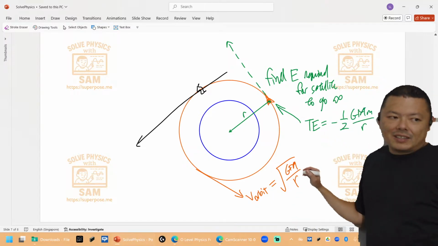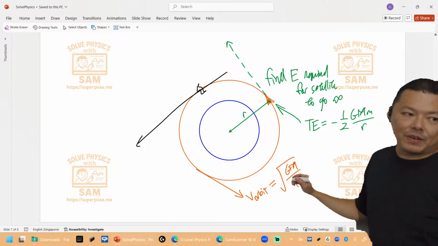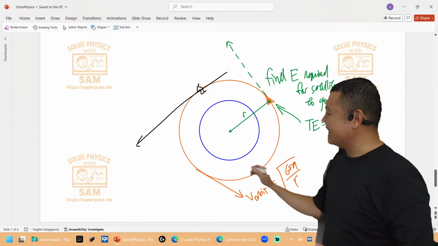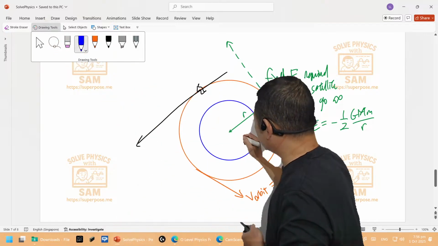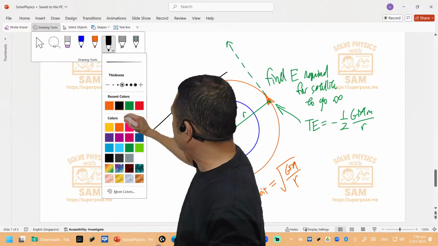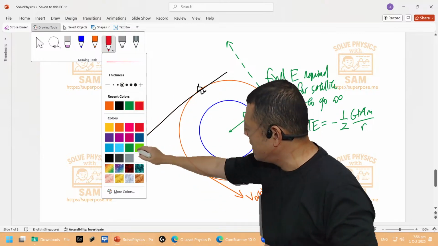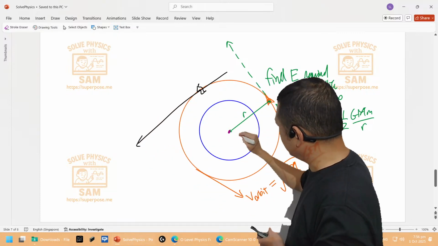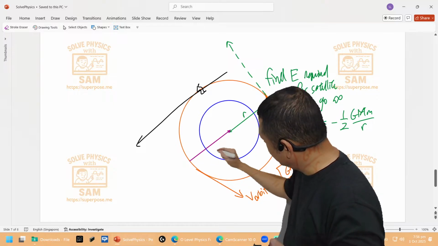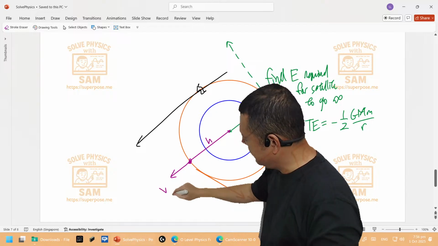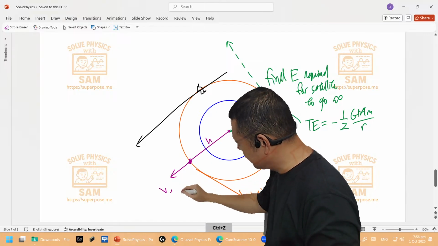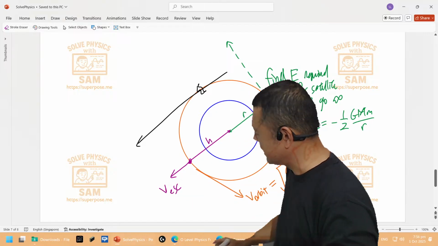Then you have to check what's the escape velocity at this height. At this height here, if you're trying to escape from this height, what is the escape speed there?